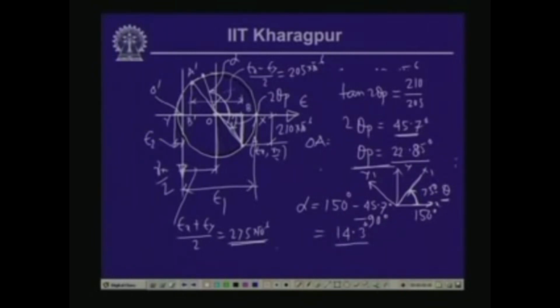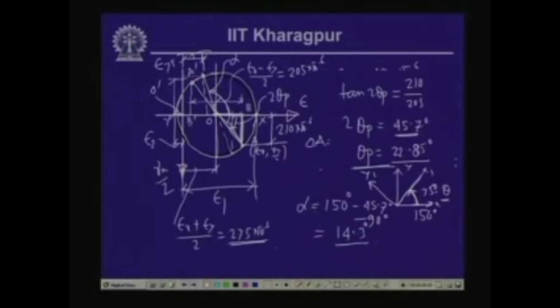So, alpha is 14.3. Now, from here if we drop a perpendicular, this distance is going to give us the value of the normal strain, which we call epsilon 75, and if we take the diametrically opposite point, we will get epsilon y, and this value will give us the value of gamma by 2.